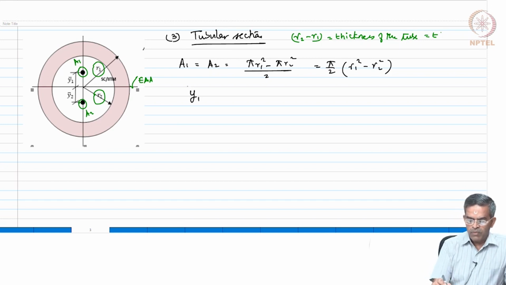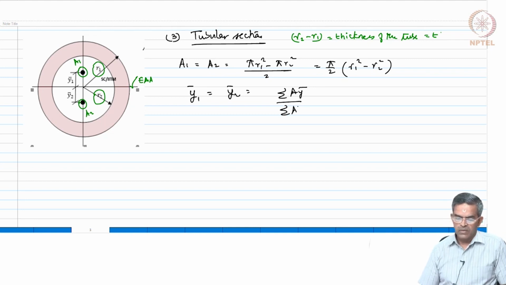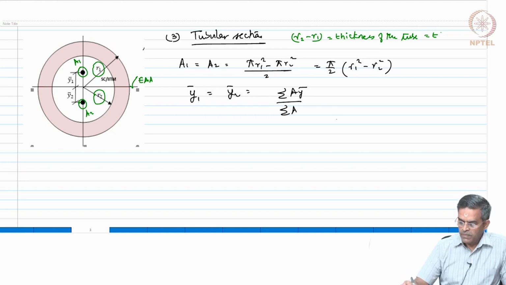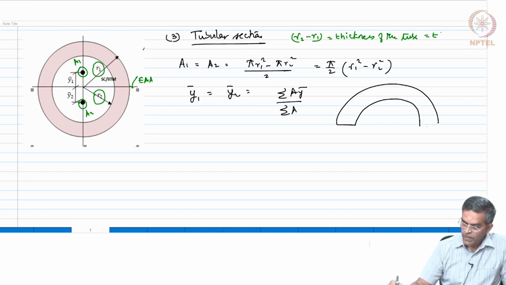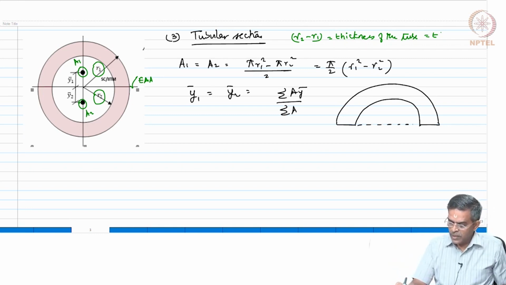We will also need y bar 1, which is also equal to y bar 2, which is sigma a y bar by sigma a. We will employ this equation. So, let us try to find out. I am taking a semicircle, so this has got two areas.